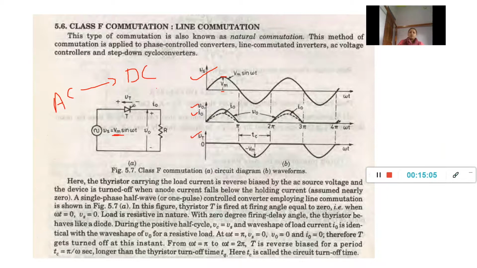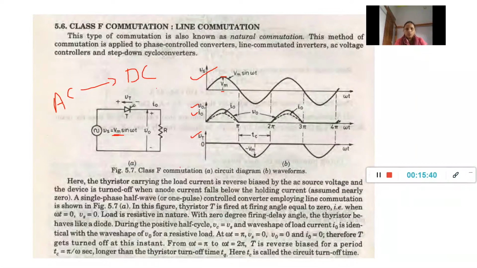Mainly in your power electronics subject, whatever converter circuits you have studied or will study in future, we mainly justify all the theory through the waveforms. Sometimes there are some mathematical expressions to justify the waveform, but mainly we focus on waveforms. So see what happens when the thyristor is turned on.